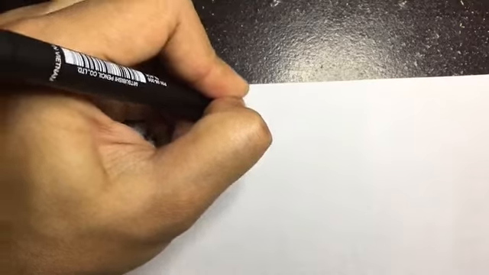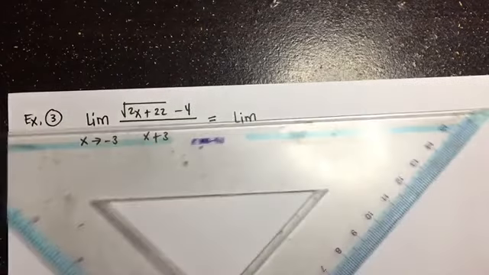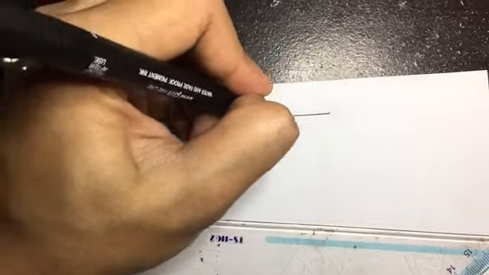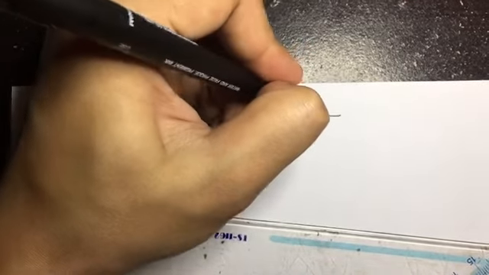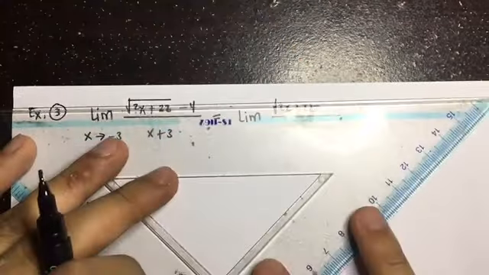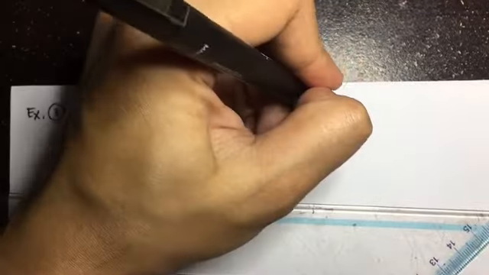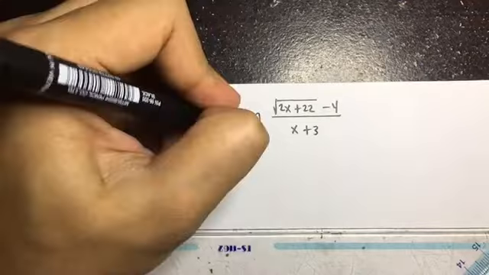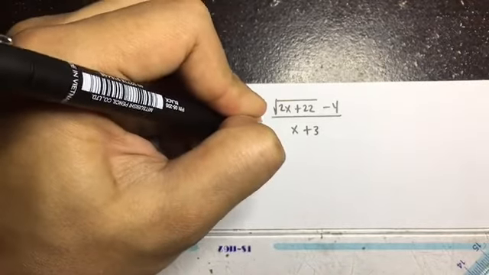Rewriting, the limit of the square root of 2x plus 22 minus 4 over x plus 3 as x approaches negative 3.